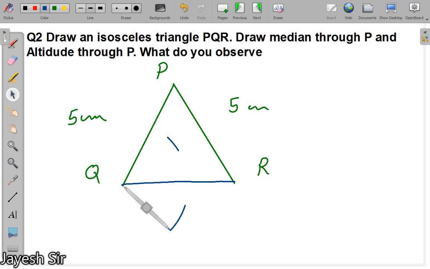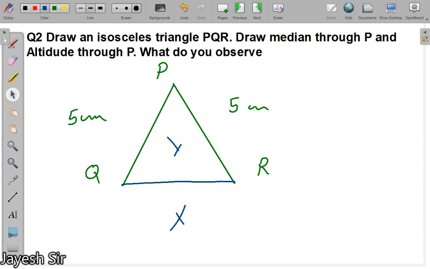Okay, in this manner, and then we will move on to point R. From point R we will draw an arc below QR so that the two arcs meet somewhere, and an arc above QR. Okay.